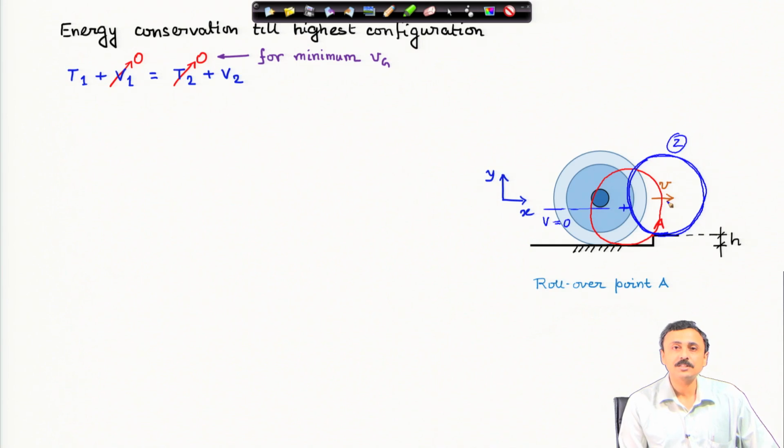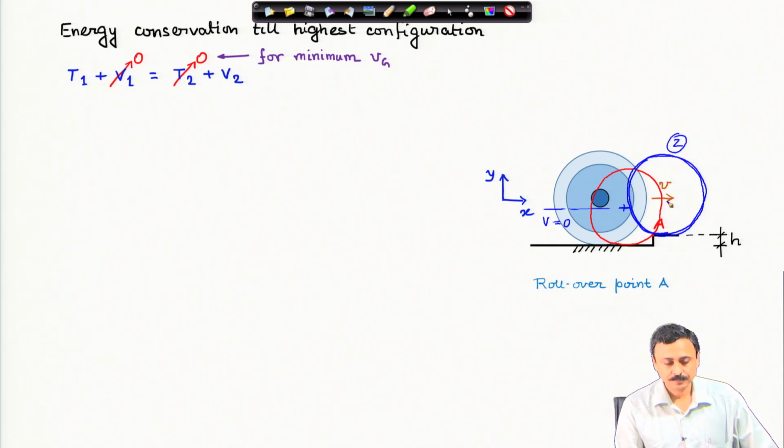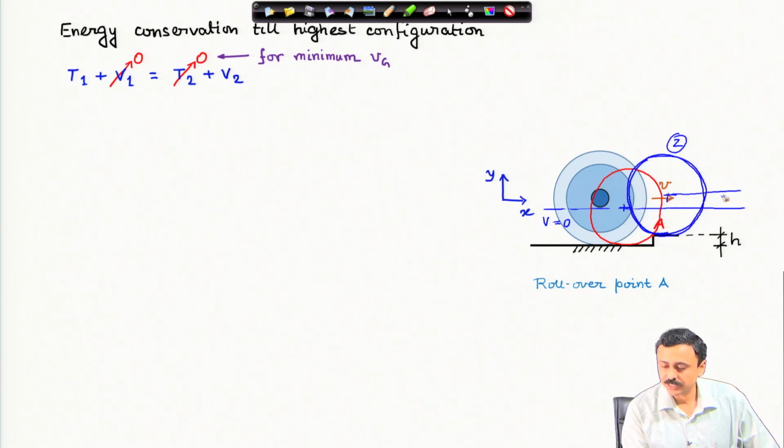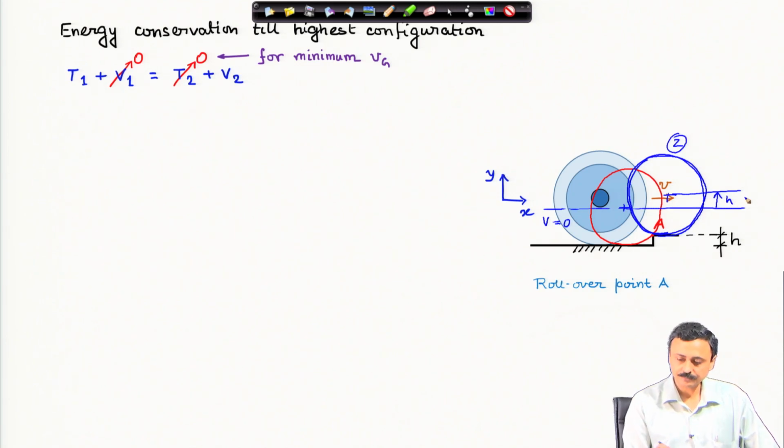Therefore, the kinetic energy in state 2 goes to 0, it just about climbs the curve, plus potential energy because of this change in height, which is h, change in height of the center of mass of the wheel, and that is h.